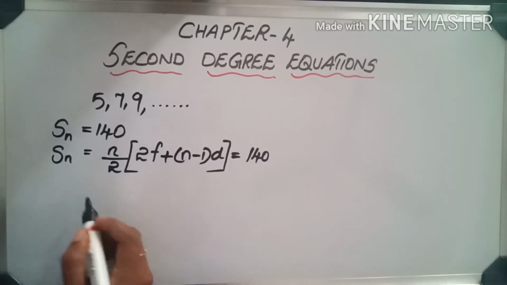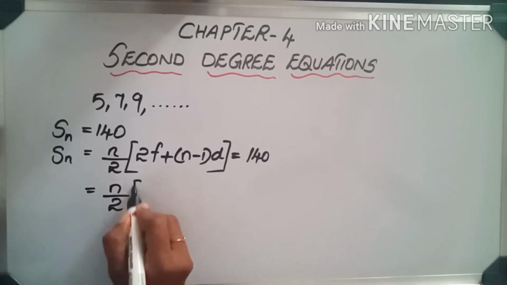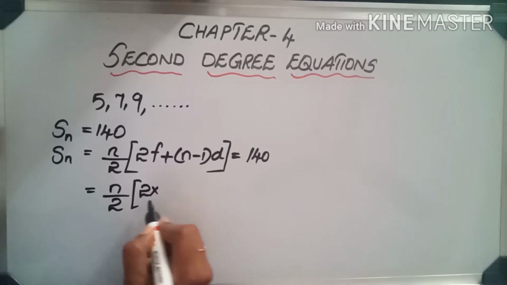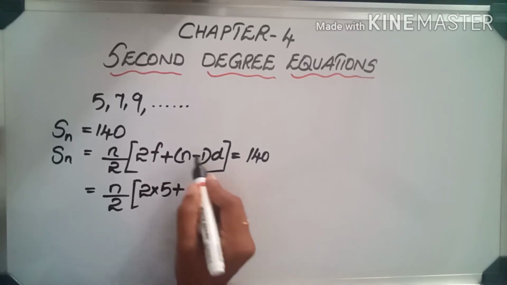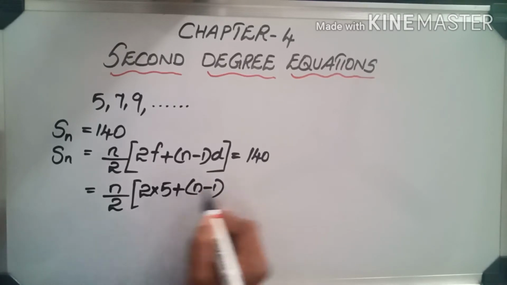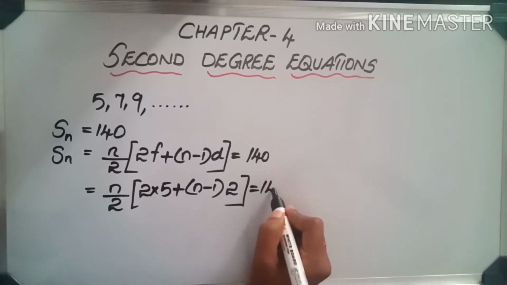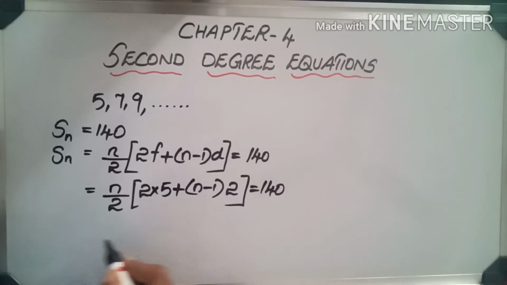Now let's apply the values. So n by 2 into (2 into 5 plus (n minus 1) into d). The common difference is 2. This is equal to 140. Now let's simplify this.